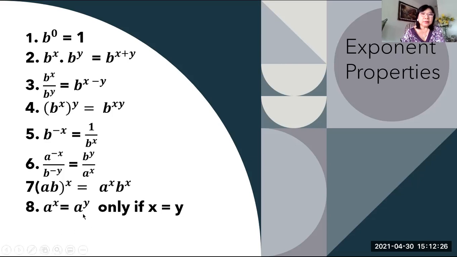Then you say 2 to another power is also equal to 8, because these two numbers are equal. Then the Y here has to be equal to X, which is only power 3. You cannot have 2 to the power 4 or 5. Otherwise, this equal sign is not valid. So that is about the exponent properties.